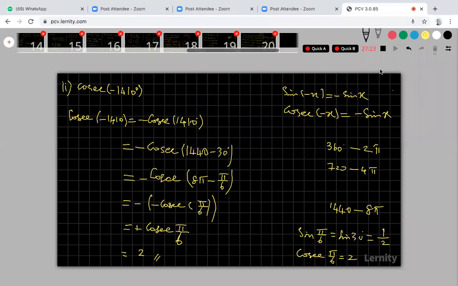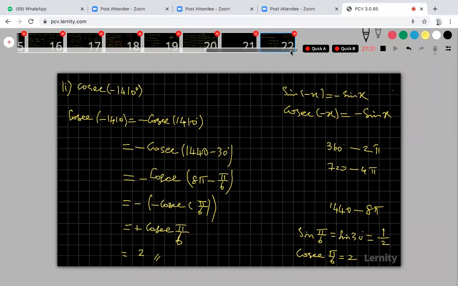So once again, please take the next problem. Try to solve the next problem. I just read the question. Find the value of tan of 19 pi by 3.